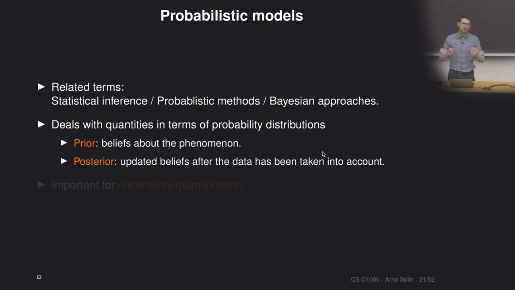And then in probabilistic methods, we try to update our beliefs based on the data in order to typically get some uncertainty quantification out from the problem. So we are not only interested in some prediction, but also in how certain the model is about what it's predicting. And that's where probabilistic methods come into machine learning.